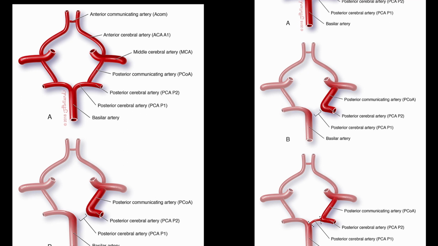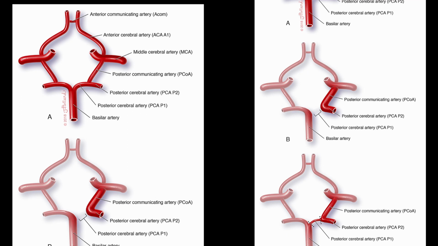As a result, the posterior circulation is dependent on the anterior circulation. There is blood flow from the ICA through the PCOM to P2 and to the rest of the posterior circulation. So in this case, if the PCOM gets compromised, the patient will have an infarct in the region supplied by the vertebro-basilar artery because it is not self-sufficient. It is dependent on the anterior circulation through the PCOM.